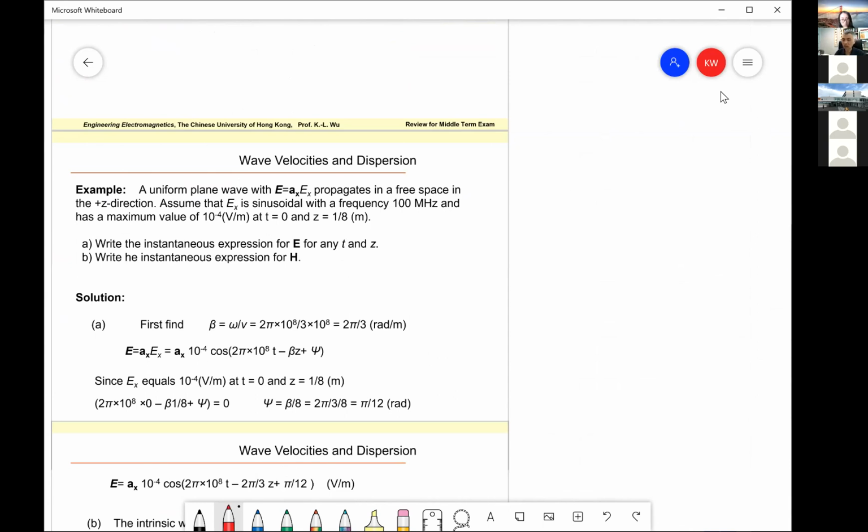So what I would like to emphasize is, for some problems, if we are given a frequency, say 100 megahertz, that is 100 times 10^6 hertz, then you know omega equals 2 pi f, right?